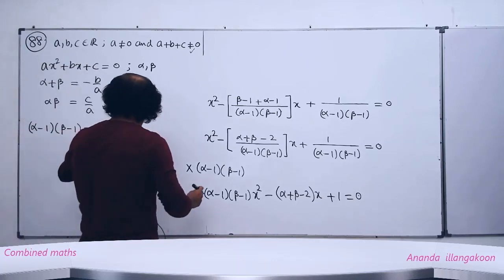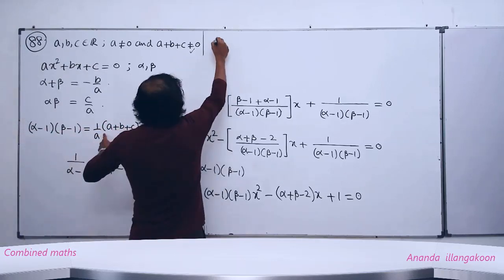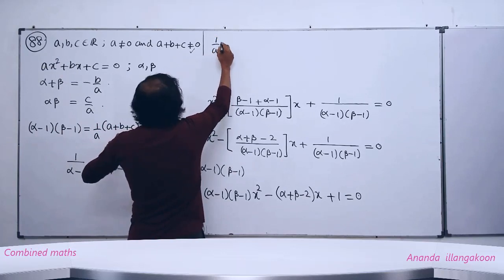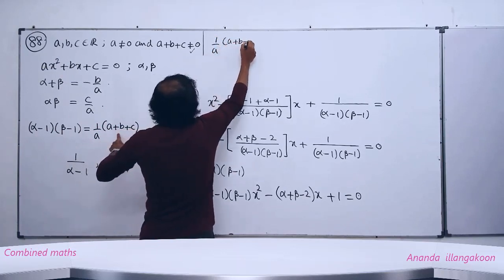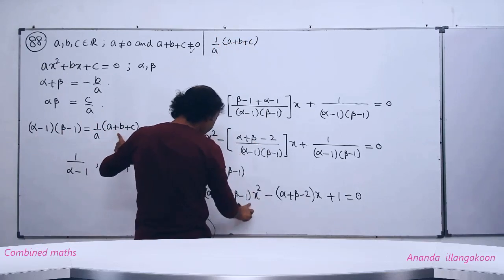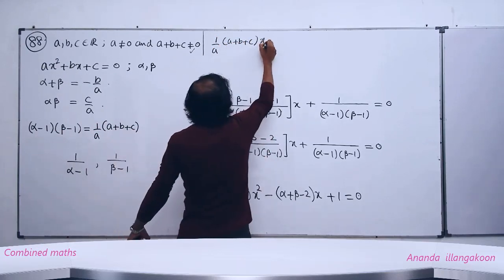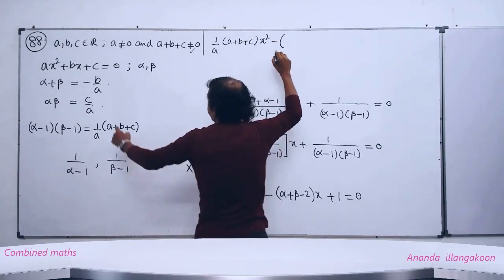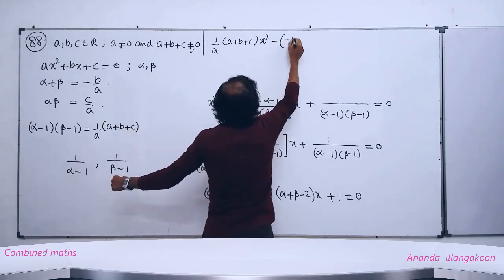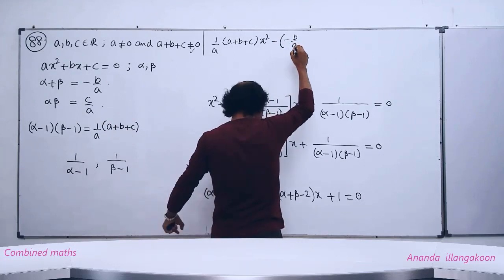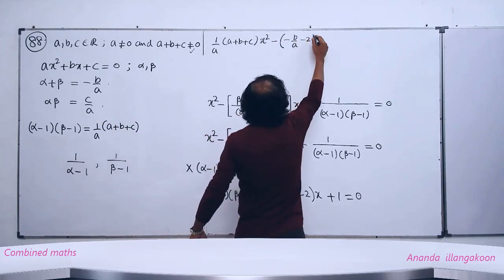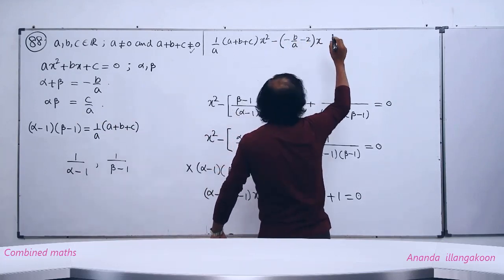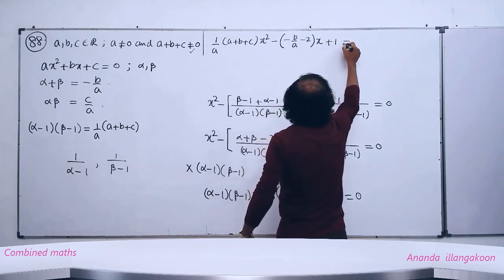Alpha minus 1, beta minus 1 product is 1 upon a plus b plus c, this one, x squared, minus alpha plus beta minus b by a, minus 2 times 6, plus 1 equals 0.